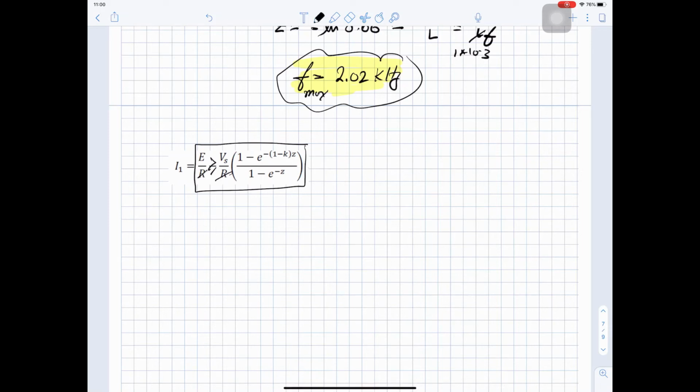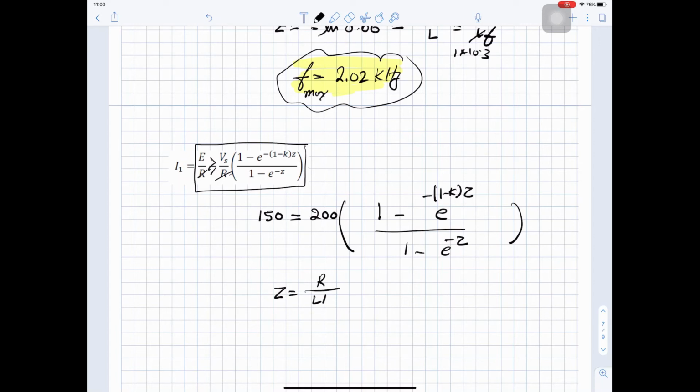So E is 150, equal to Vs, which is 200, multiplied by (1 minus e to the power negative (1 minus K)Z) divided by (1 minus e to the power negative Z). Z is R divided by LF. R is 1 ohm, L is 1 millihenry, and the frequency is given as 1 kHz.